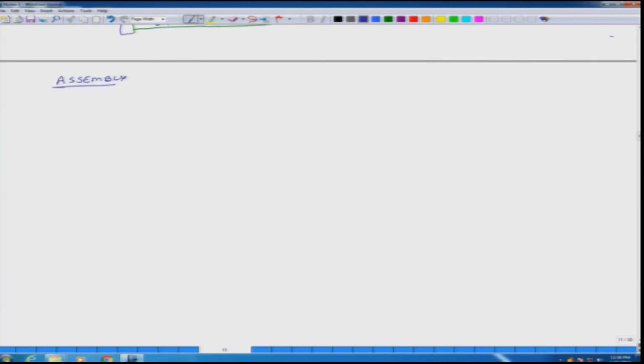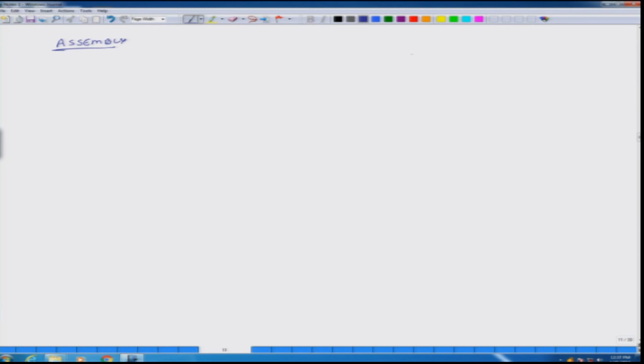So, suppose in this case I have this beam, and I am breaking it up into two elements: this is the first element, this is the second element. The global node numbers are 1, 2 and 3.